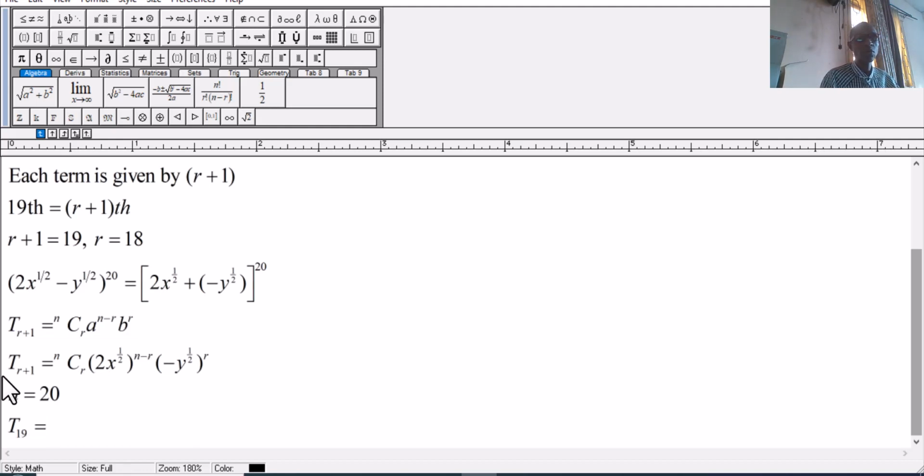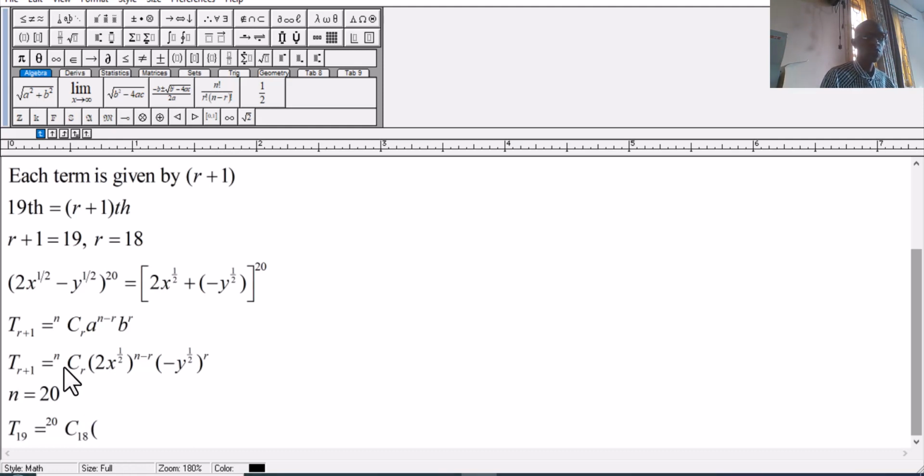So now what we can do in this case is put the values back. Our n is 20, that will be 20 combination, our r, we're getting it to be 18.